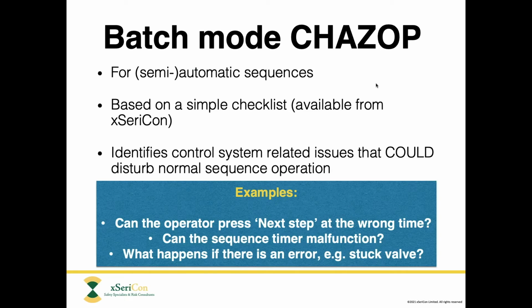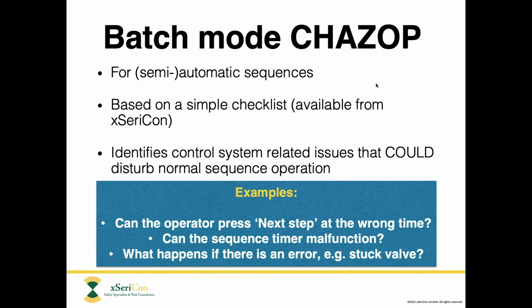Or maybe some bounce in the button that causes it to skip forward 2 or more steps at the same time. Now, all we're asking at this stage is whether it is possible for that kind of upset to occur. We don't need to ask about the consequences of it. Consequences will be assessed later in the HAZOP study. So we just need to know yes or no. Can it happen? What kind of upsets are credible?